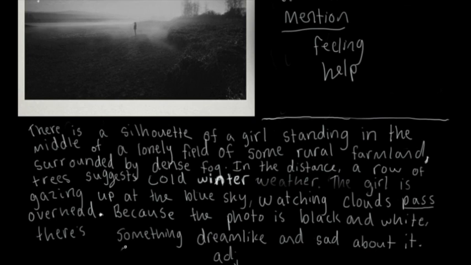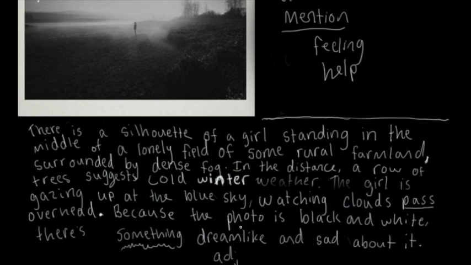When I say something here, why do I say something dreamlike and sad? I say something dreamlike and sad because I'm not exactly sure what the dreamlike thing is. Well, it's because of the photo being black and white, but maybe there's something else that adds to that, because you can have a black and white photo that is not dreamlike and sad, right? And so if I don't want to be very, very exact about that and just say my feeling, I can say something here.